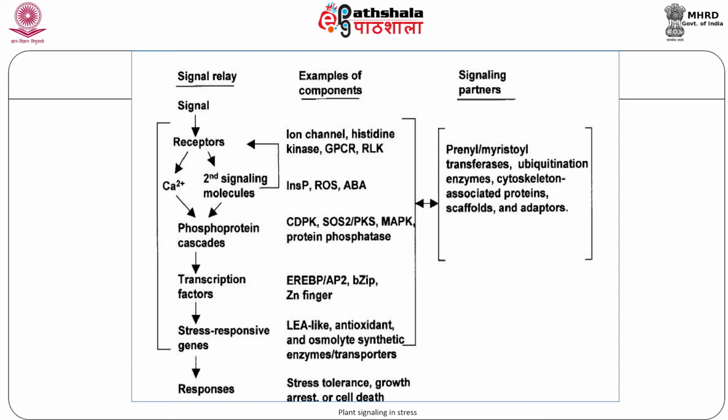To meet these demands, they have on one hand retained some of the components of bacterial signal pathways, as for example, the two component receptors for hormones, and on the other hand have some components of higher eukaryotic animal systems.